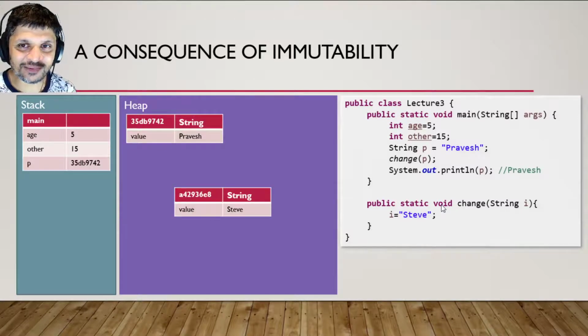Which is exactly the opposite of what happened the last time, because the last time I got Steve, and it's hard to come up with a shorthand for why that happened. It's very important to understand how Java memory works, and then these things are predictable. You're like, okay, that's going to print out Pravesh. I know that because although I sent in a copy of the reference, that copy will have gotten redirected, but the original didn't, right?